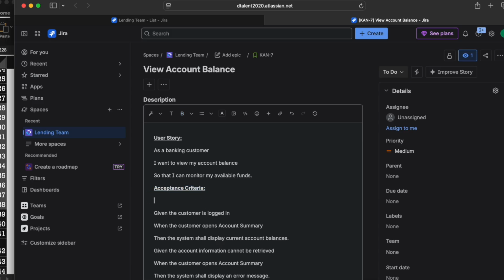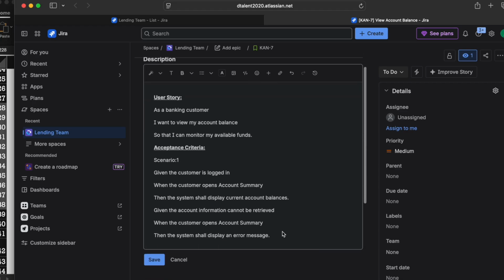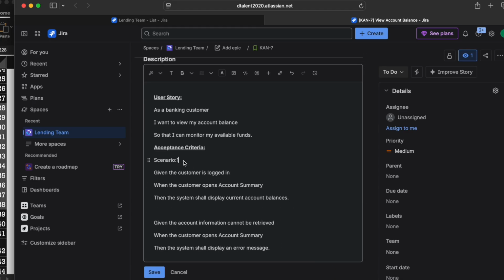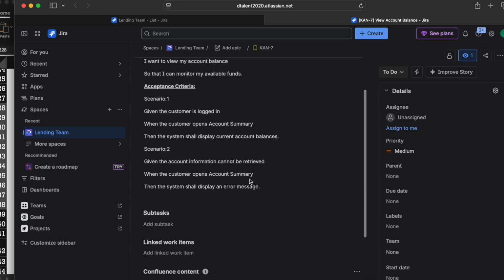Okay, so what I will do, I will put scenario 1, so this way we can track our acceptance criteria. Here we will write scenario 2. You don't need to do this, but I like to, because that way I can track how many acceptance criteria I have, right? So when I am explaining to the testers, it's clear, right?